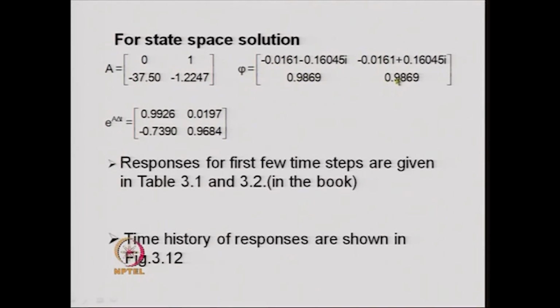This is the eigenvector matrix, and the eigenvalue matrix multiplied by delta t, that is e to the power A delta t, is obtained like this. So, with the help of these quantities one can easily obtain the response in the state space solution at different time t.